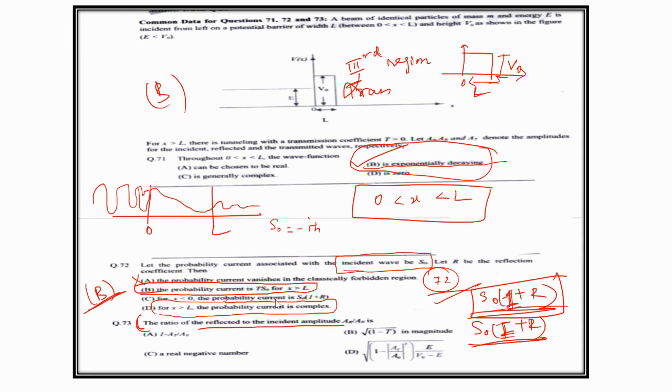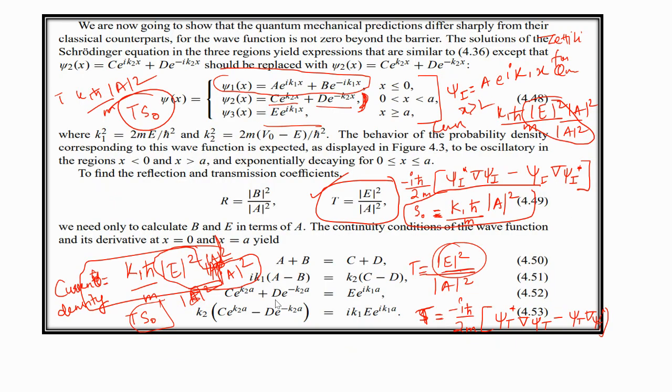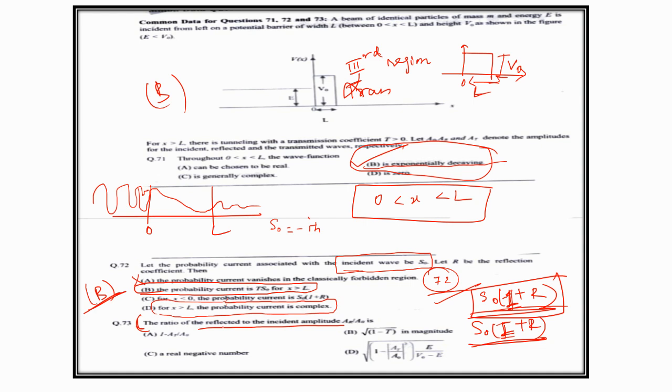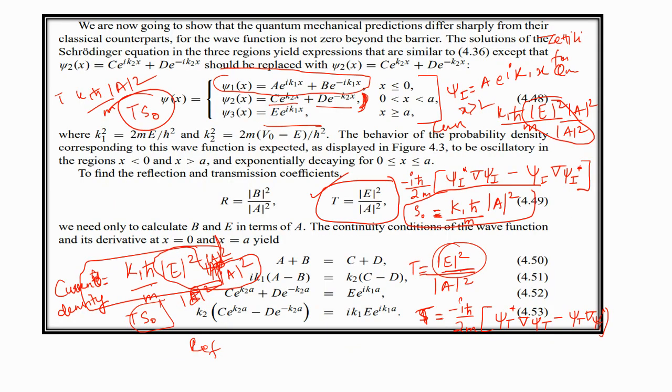Amplitude, so we have to find out E by A and B by A, right? Because what is asked? Reflected to incident amplitude.